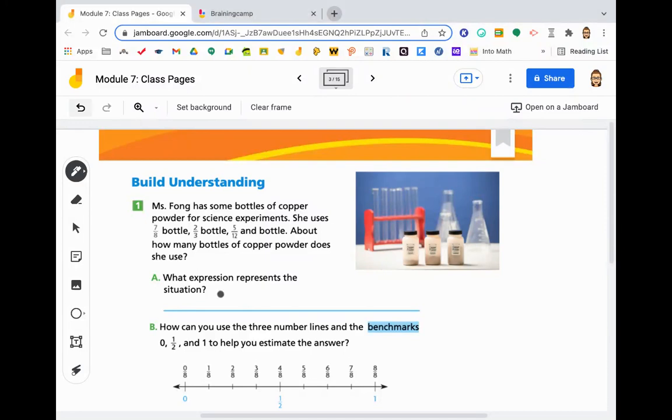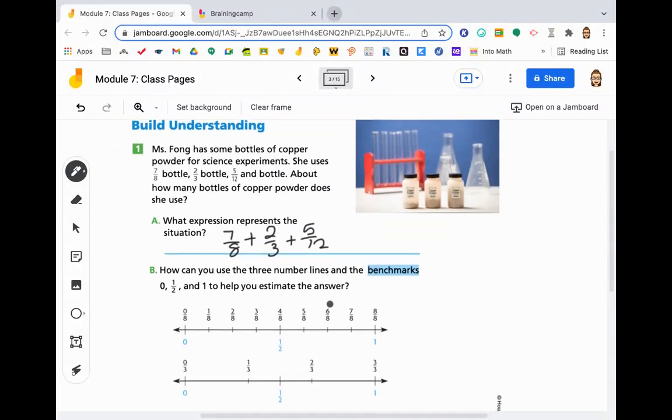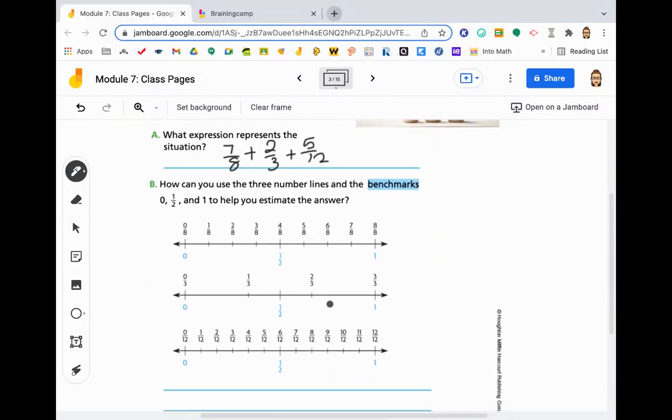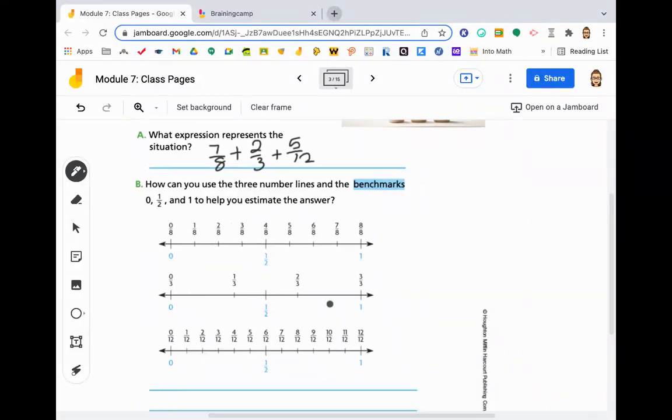Well, it would be 7/8 plus 2/3 plus 5/12. Then it says, how can you use the 3 number lines and benchmarks 0, 1/2, and 1 to help you estimate your answer?